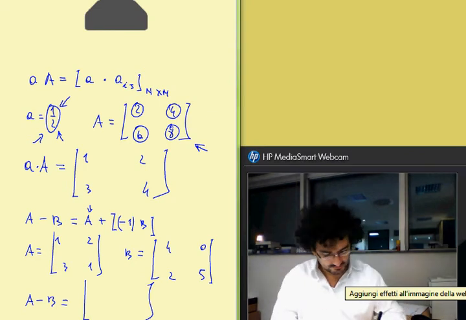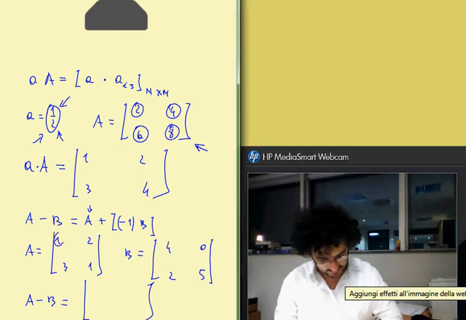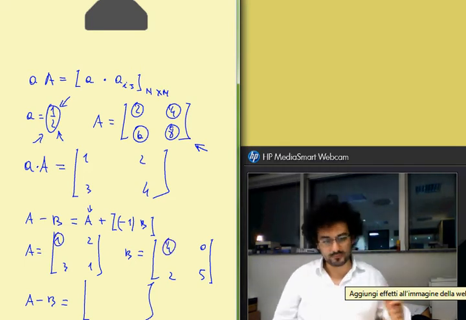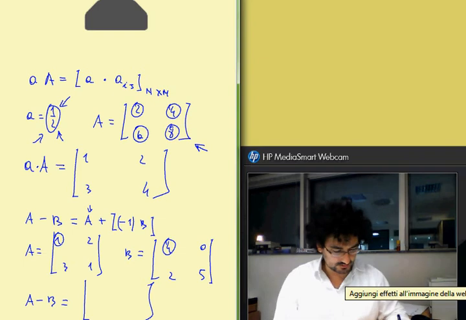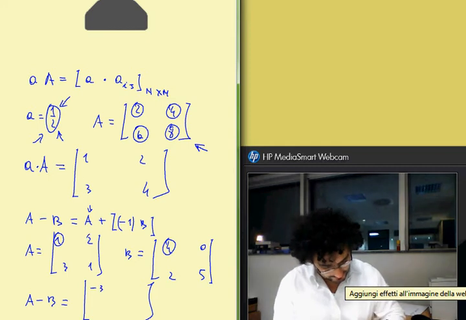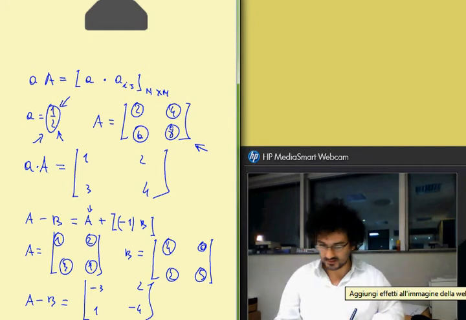The first element of our matrix will be 1 minus 4, which is minus 3, 2 minus 0, which is 2, 3 minus 2, which is 1, 1 minus 5, which is minus 4. So this is the result of this difference.